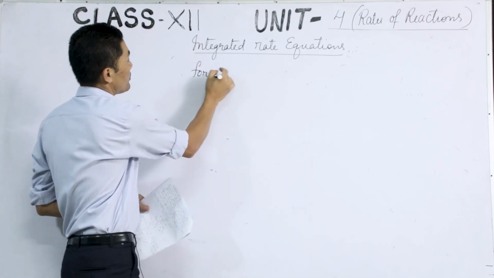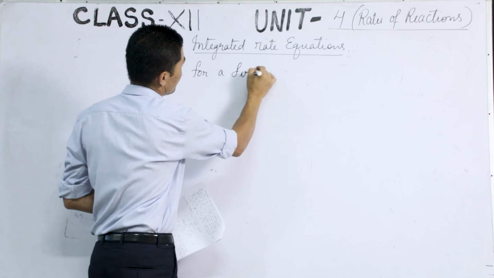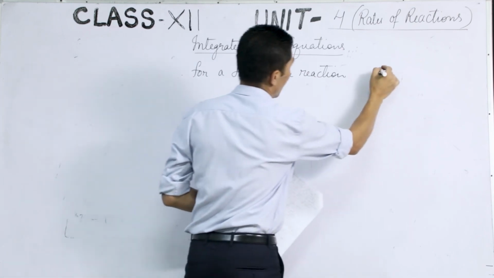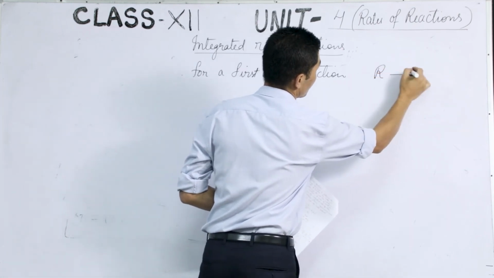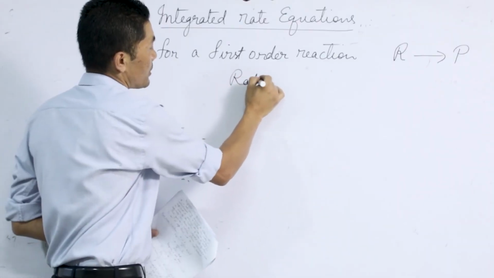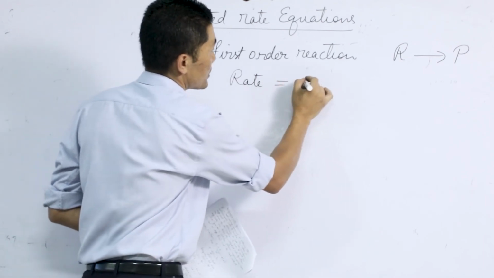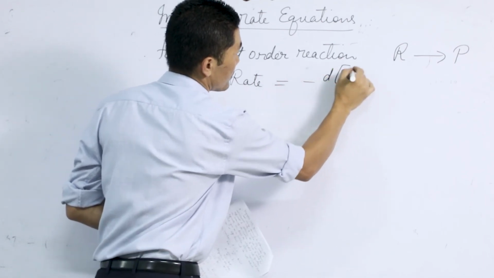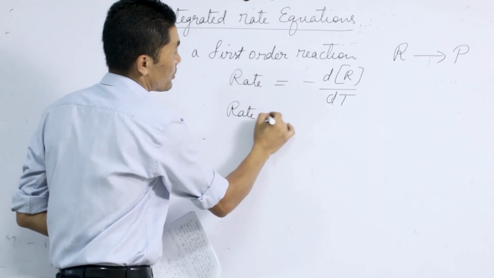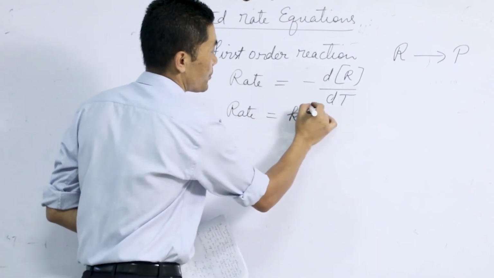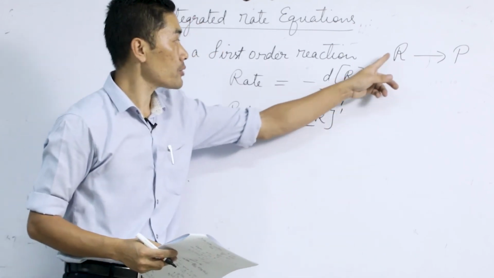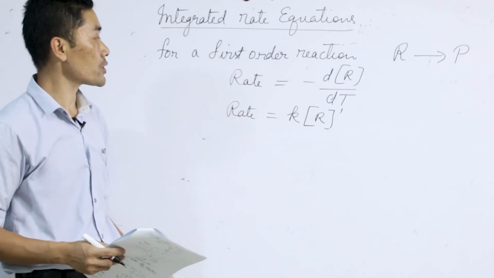So, for a first-order reaction, let us say a reactant R turns into product P. For this first-order reaction, rate, once again, according to our definition, will be change in concentration of the reactant by change in time, and according to the rate equation, rate will be equal to the rate constant K into concentration of R raised to power 1. In this case, concentration of R will be raised to power 1 because this is a first order reaction.